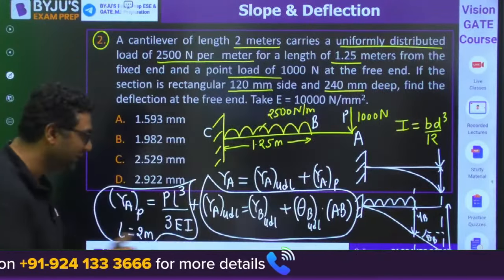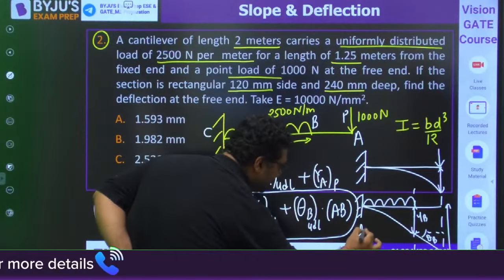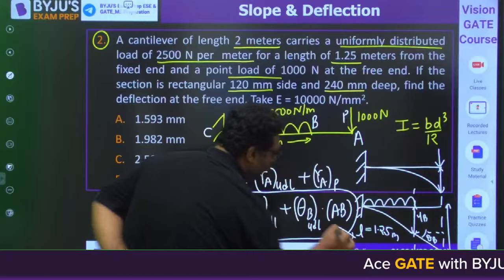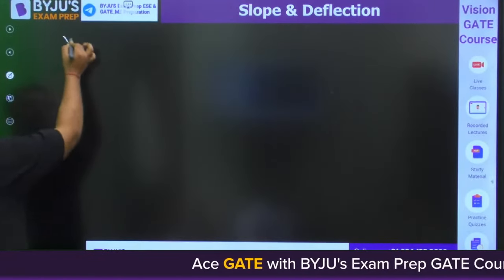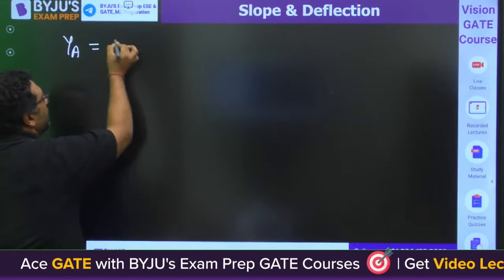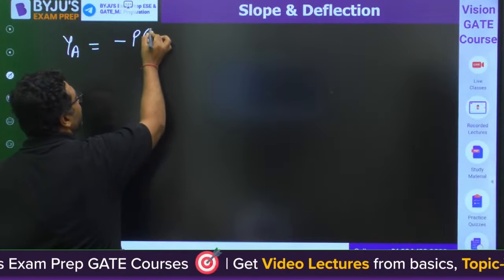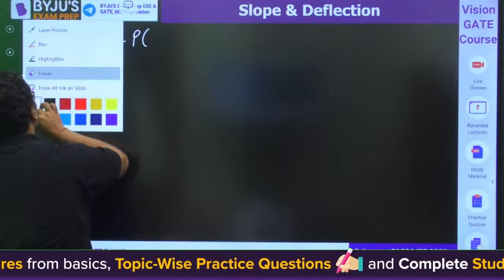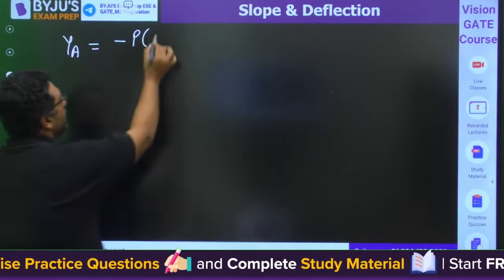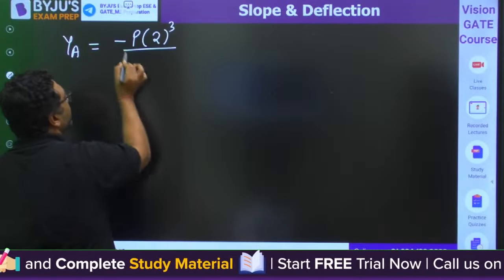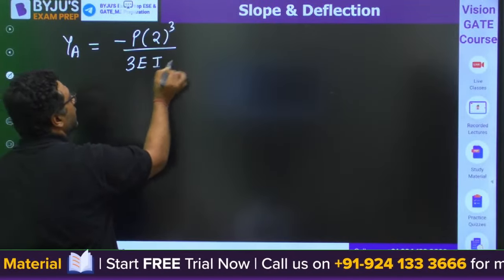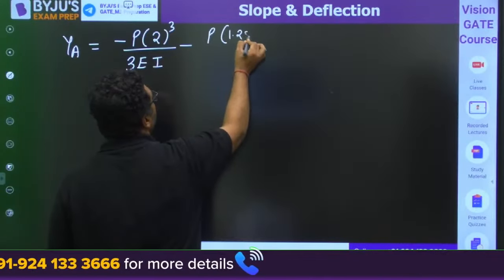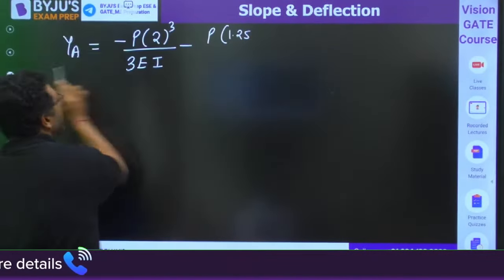But here the length is 1.25 meter for UDL. So I will be showing you once again: Y at A is minus PL cube upon 3EI, where the total length is 2 meters. Then it is not PL cube, it was UDL.